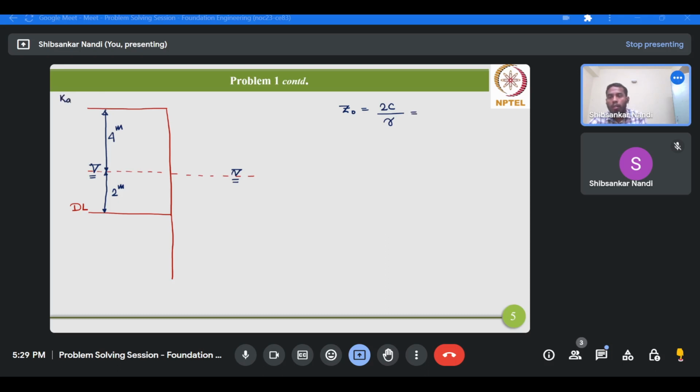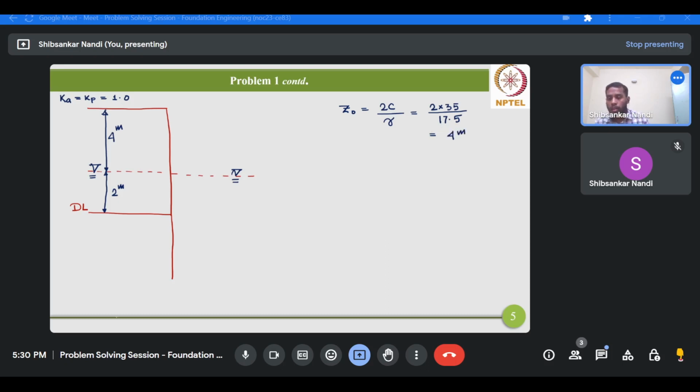So K equals Kp equals 1. So 2 multiplied by 35 divided by 17.5. If you calculate, this value would be 70 divided by 17.5, that means 4 meter.